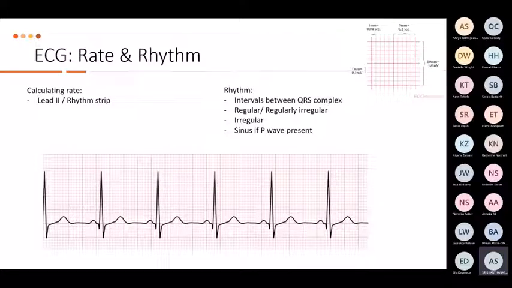The other thing you want to differentiate is if it's regularly irregular. If the gap between the QRS complexes differs but has a pattern to it, then it's regularly irregular. If there is no pattern to it, then it's irregularly irregular. And like I mentioned before, you want to make sure each QRS complex has a P wave, this little hump just before it.